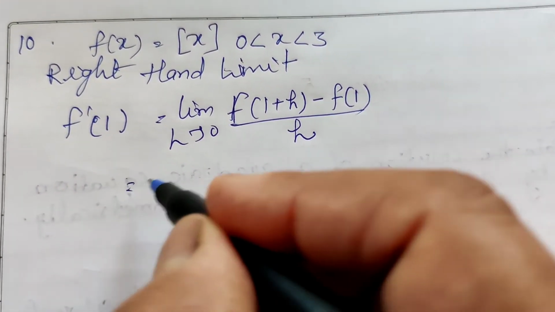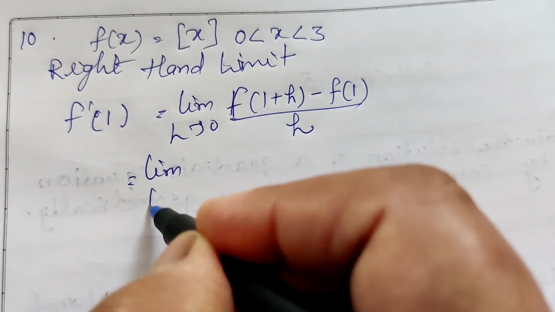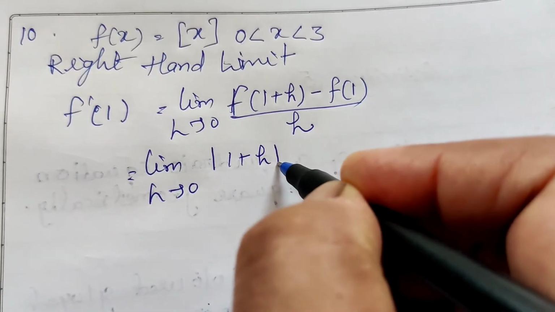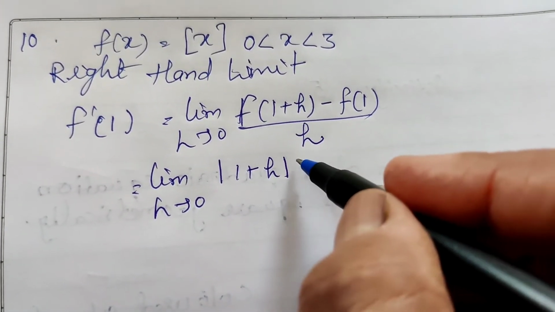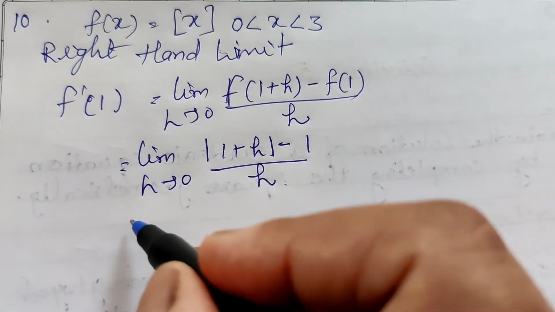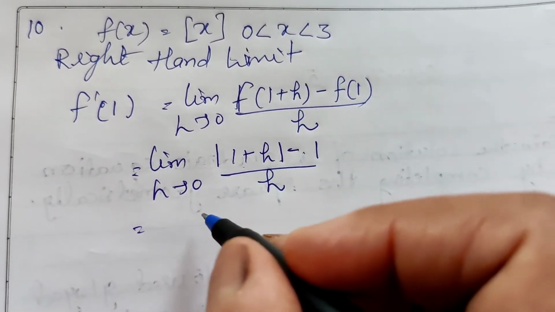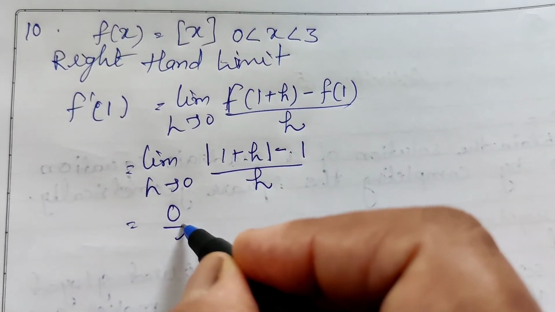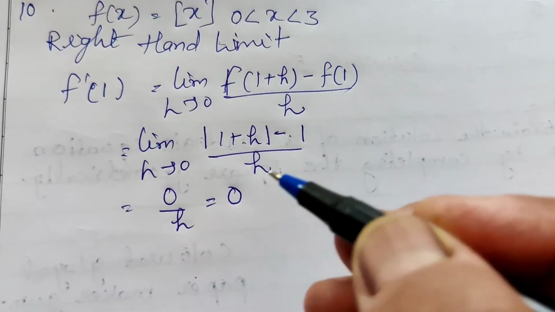This one is equal to the function 1 plus h minus 1 by h. Limit h tends to 0, the greatest integer of 1 plus h is 1, so 1 minus 1 is 0, 0 by h equal to 0.